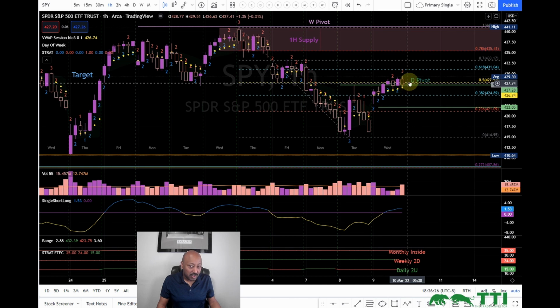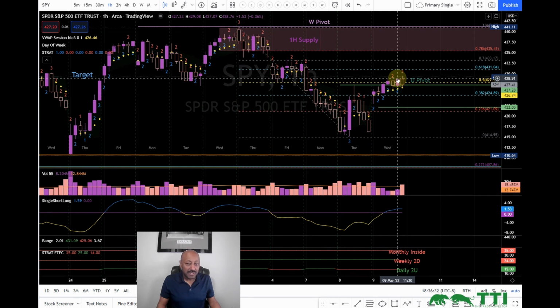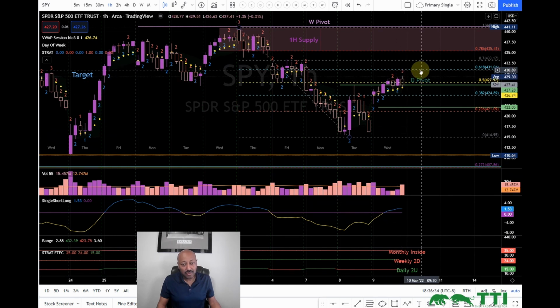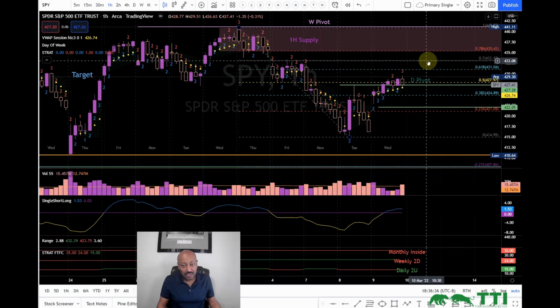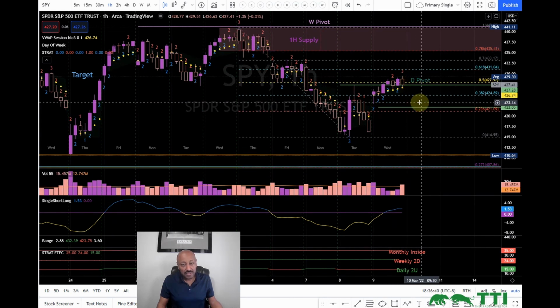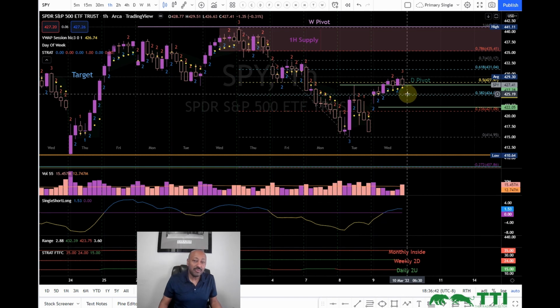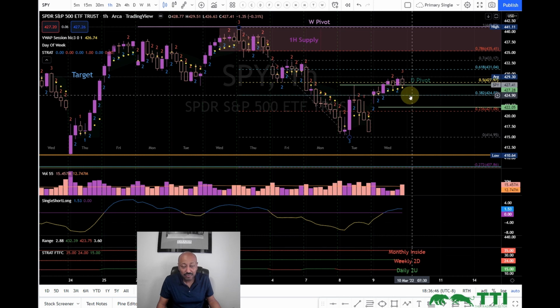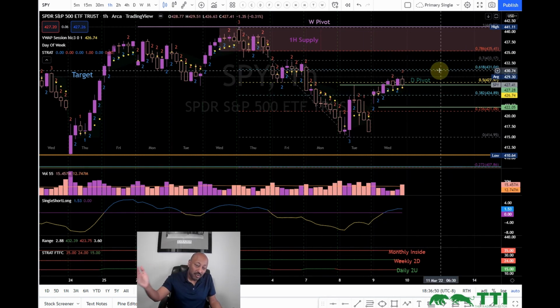I've taken a call position because we broke the structure, but knowing that it could end very quickly at any of these levels. It could even go against me, but I'm okay with that because long term I position myself to take advantage of what the charts tell me. Over the long term, being successful is what's important, not on a trade by trade basis.